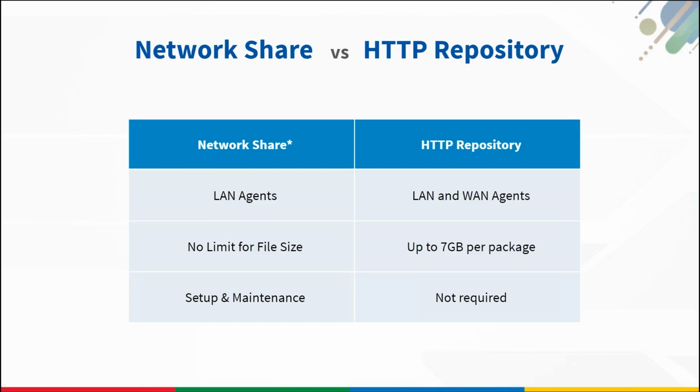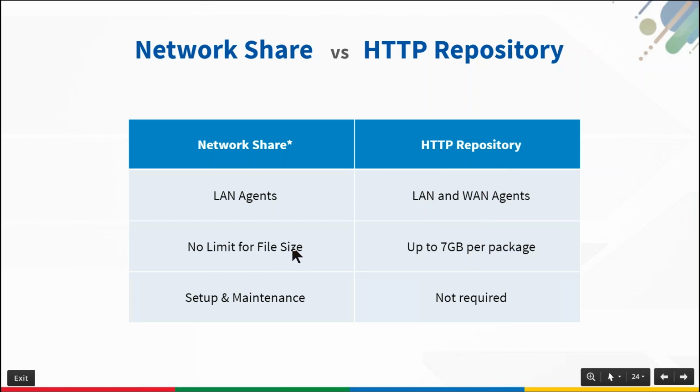In the network share repository, the software package that you want to deploy will be stored in a network share that is accessible from all the computers in the network. In the HTTP repository, an HTTP path is set up to the place where the package is stored, and using this path, wide area network agents as well as local area network agents will be able to access the packages stored in the software repository. Only LAN agents can access the network share, whereas both LAN and WAN agents can access the HTTP share.